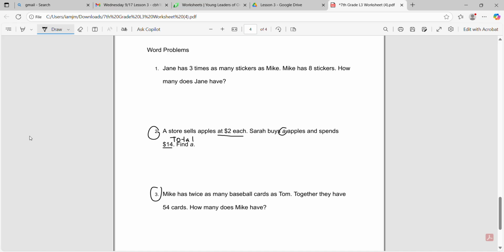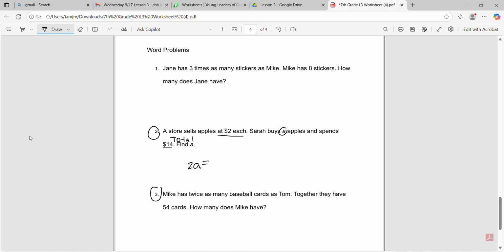In order to do that, we have to write an expression. The store sells apples at $2 each, so we'll do 2 times A.